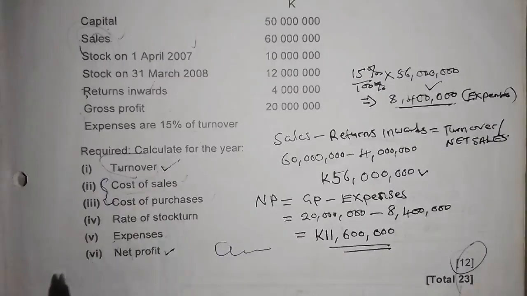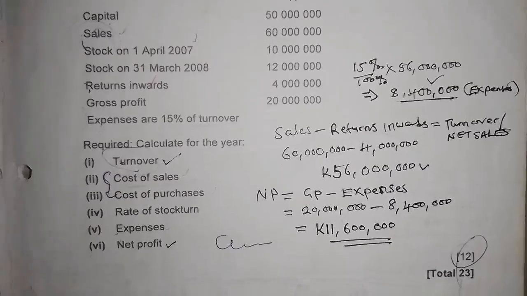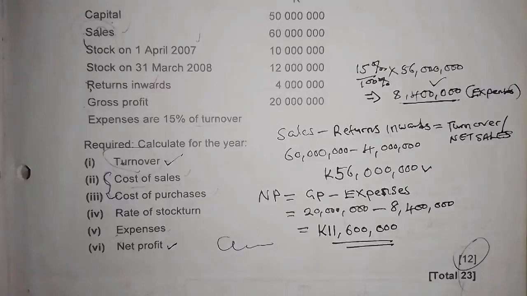And now when you go to rate of stock turn, it is normally given as cost of sales over average stock.